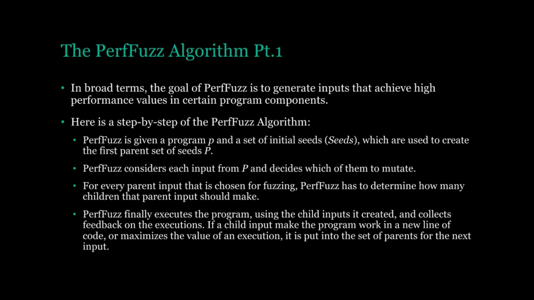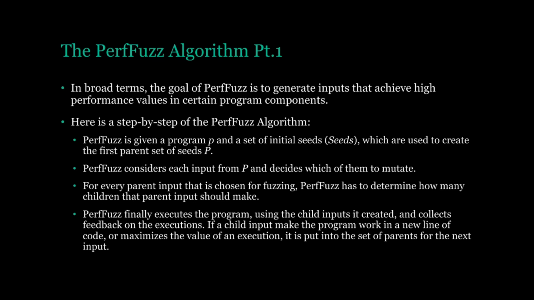There is a selection probability method called fuzzprob that assigns a value to an input to see if it should be mutated or not, when it considers each input from big P. An assigned value of 1 means that it will be mutated.